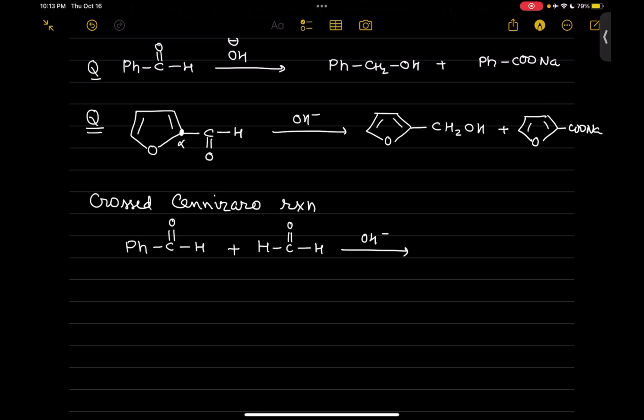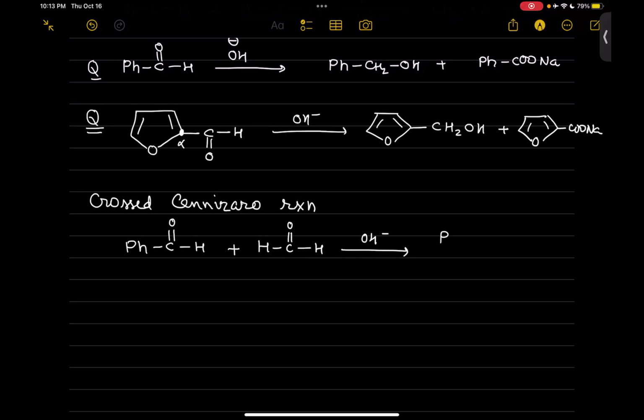Is it clear? One should get oxidized, the other should get reduced, right? But the problem is who should get oxidized and who should get reduced. That's the main problem.